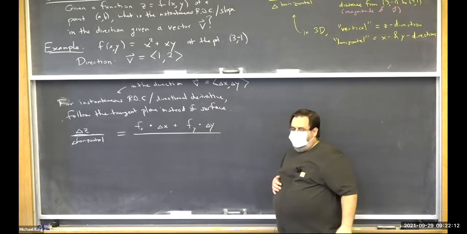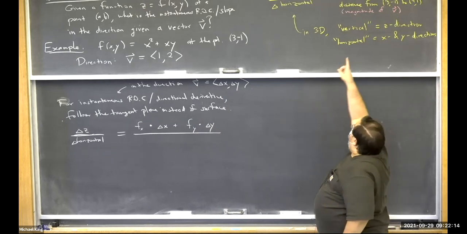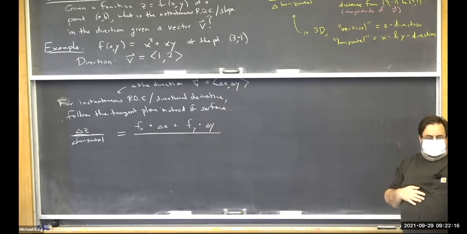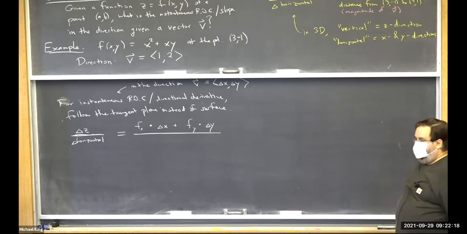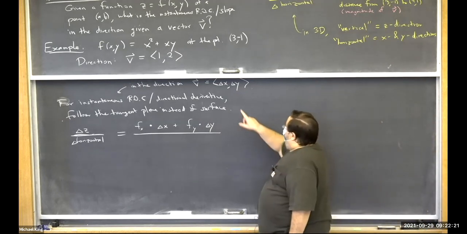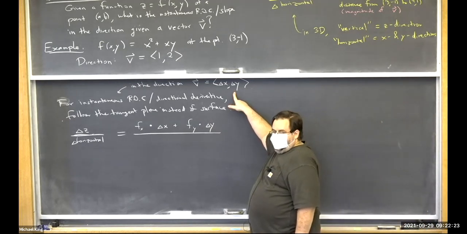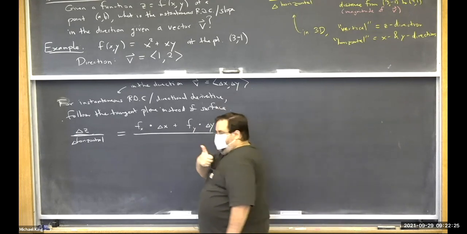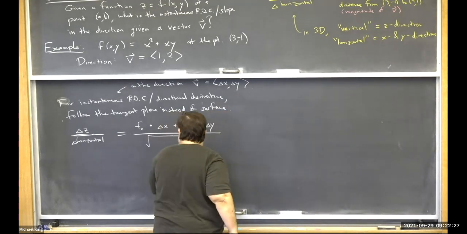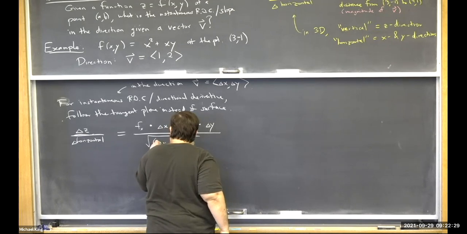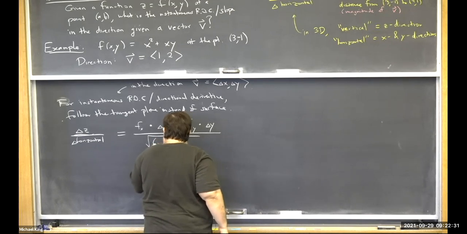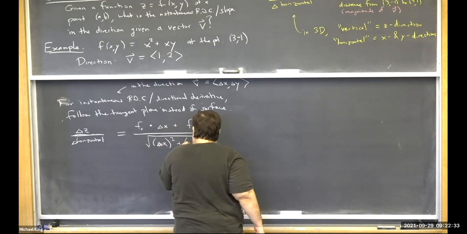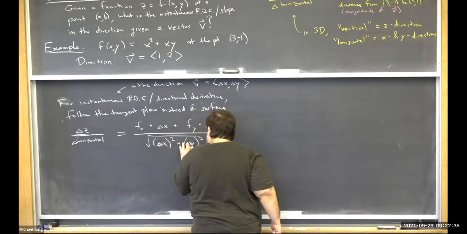That's the direction we're moving. When I said the vector 1 comma 2, the delta x is 1 and delta y is 2, right? So what's the magnitude of v? It's just the square root of delta x squared plus delta y squared.